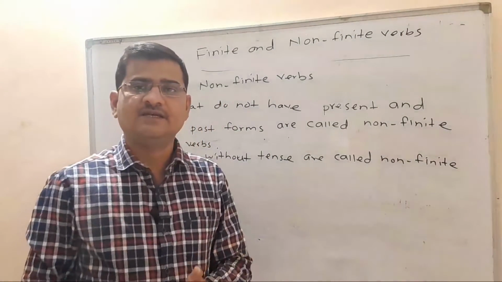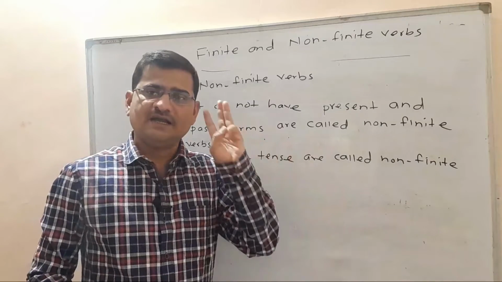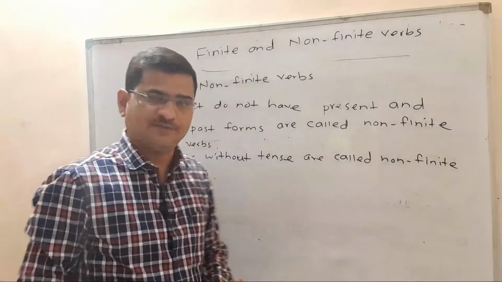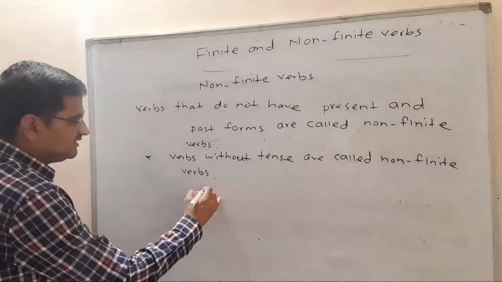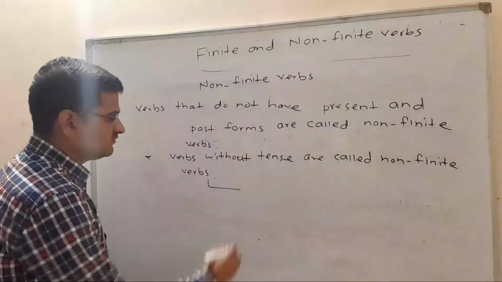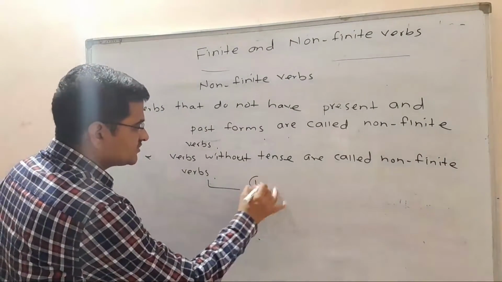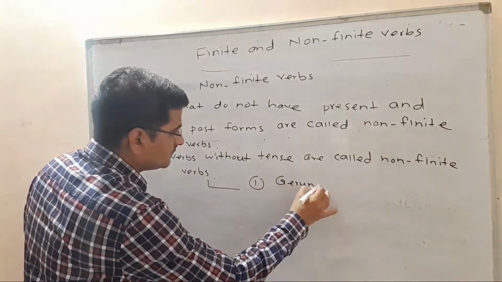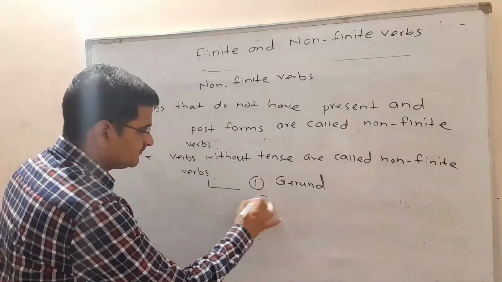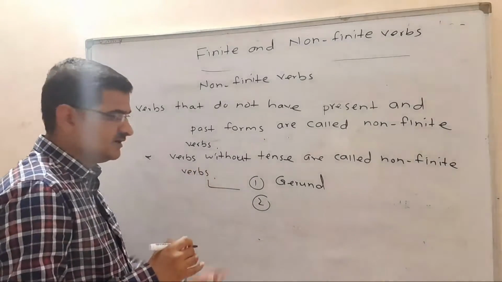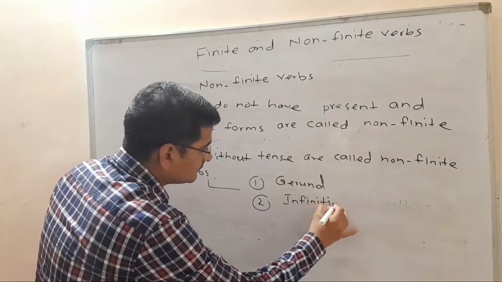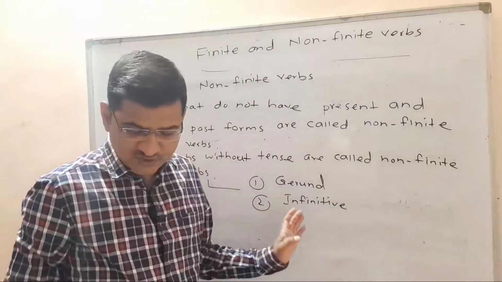Again we can say that non-finite verbs are classified into three categories or types. So see here which are the three types or categories of non-finite verbs. First of all, the first one is gerund.